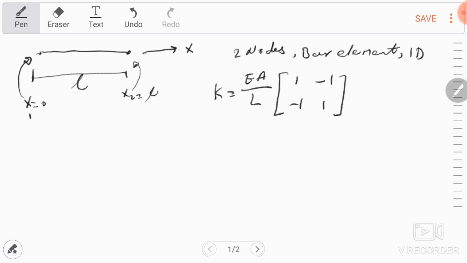Okay, and assume for this node, the x1, it's called u1, and the name of the x2 node is u2.